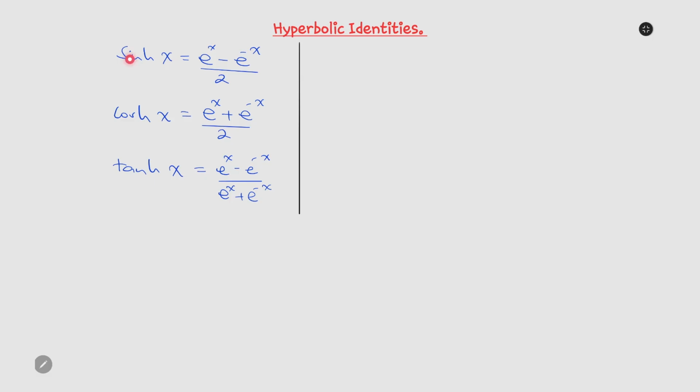So 1 over sine x, a step back to trigonometry, we had that as cosec x. Similarly, 1 over sinh x is, here it is written as cosech.